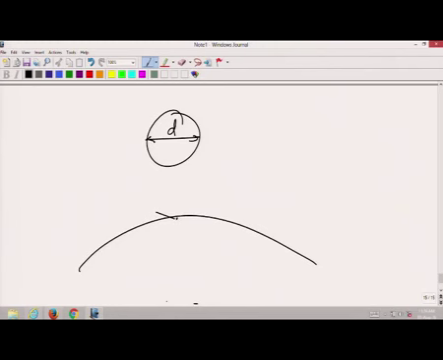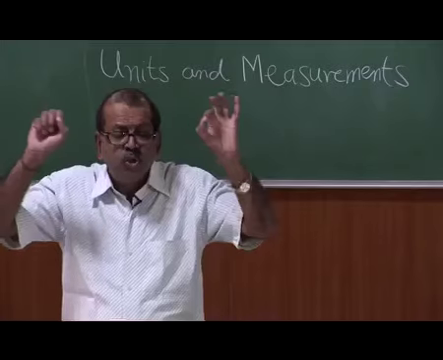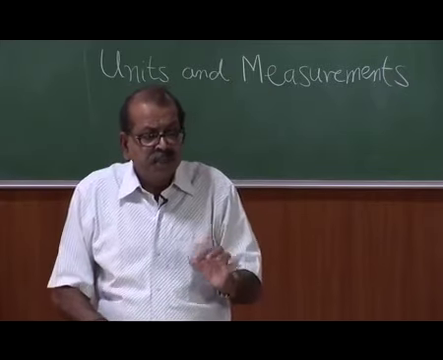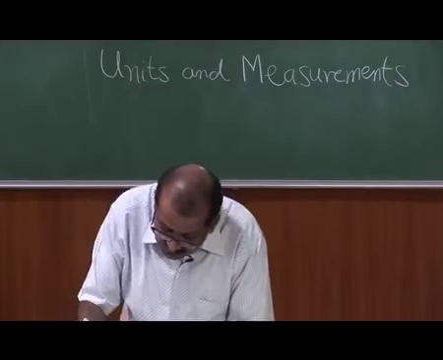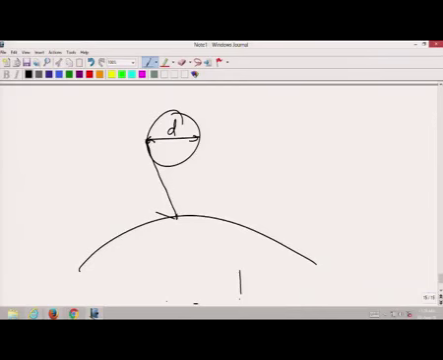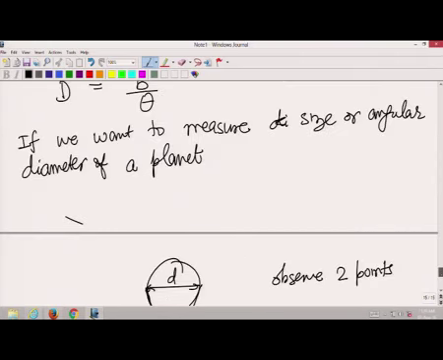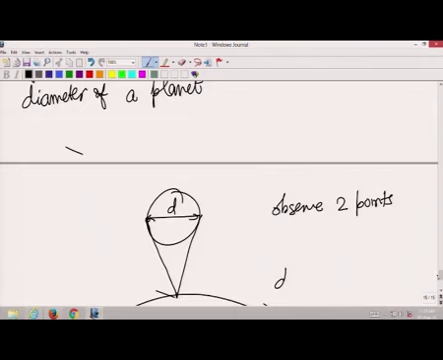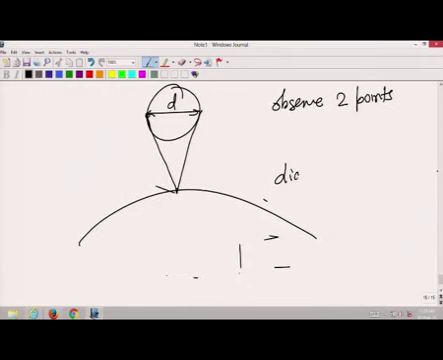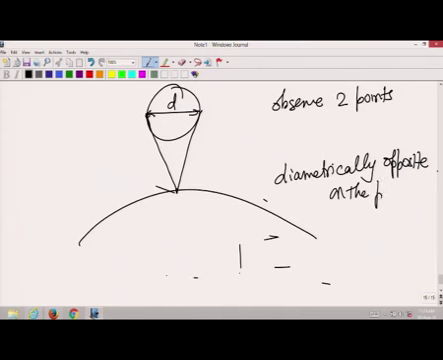Here we will focus our attention on two diametrically opposite ends of the planet. So, we observe two points which are diametrically opposite on the planet.